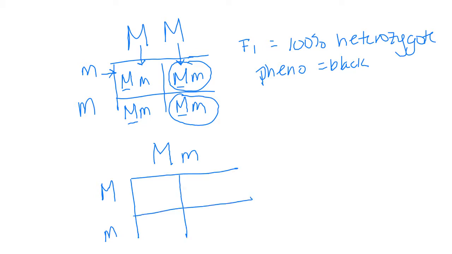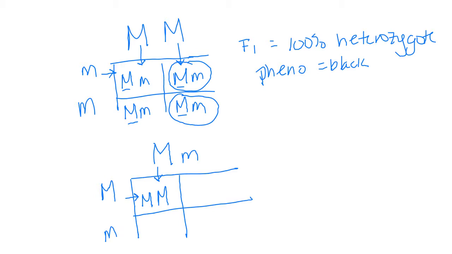Okay, this individual, they get a big M from this parent and a big M from this one. So what is their phenotype? Their phenotype is what they look like. This individual is black. Their genotype is what genes they have. They are homozygous because they're both the same, dominant. They have both of the dominant traits.